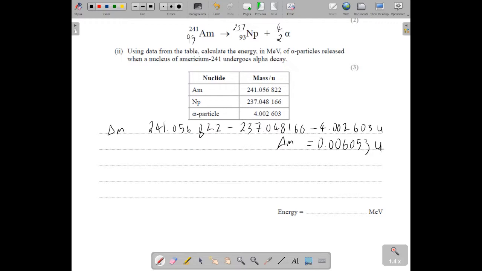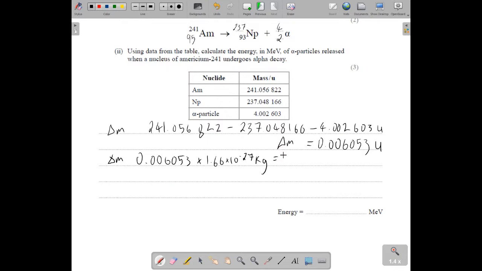It's very original. So that change in mass is 0.006053 multiplied by 1.66 times 10 to the minus 27 kilograms, because one atomic mass unit is 1.66 times 10 to the minus 27, or one nuclear mass unit.